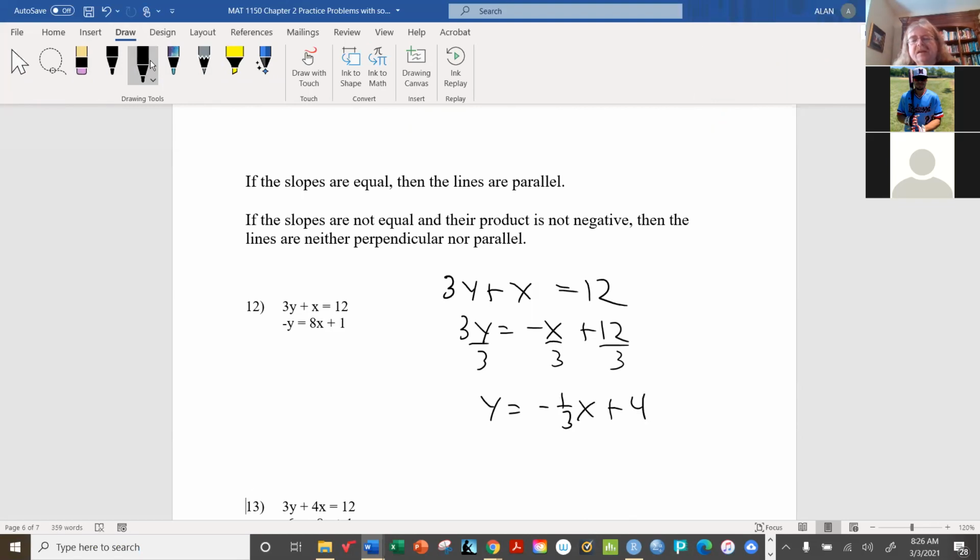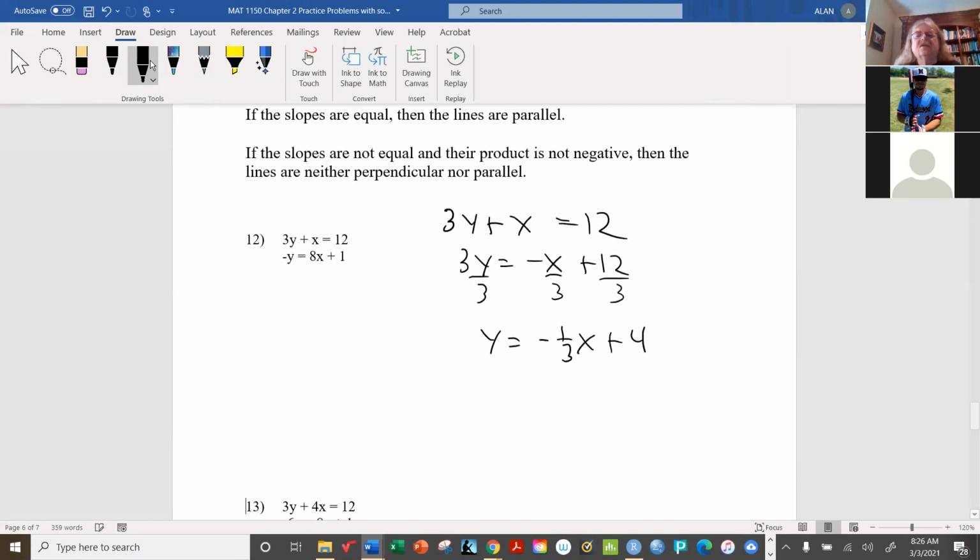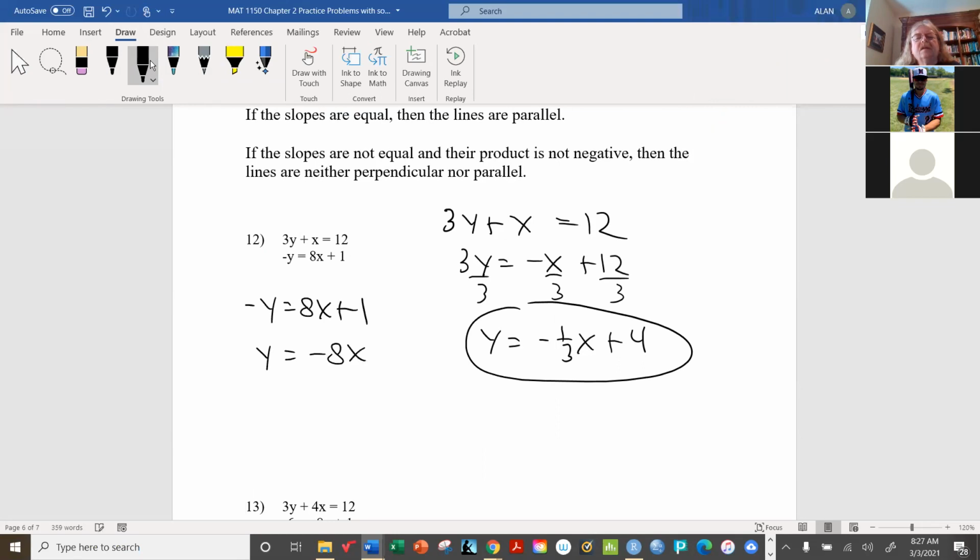And again, we don't really care about the intercept. What matters to us is the slope. For the second one, it is almost already in the right form. We just need to multiply both sides by -1. And you can see, if you multiply these together, you'll definitely not get -1. And they're certainly not equal to each other.